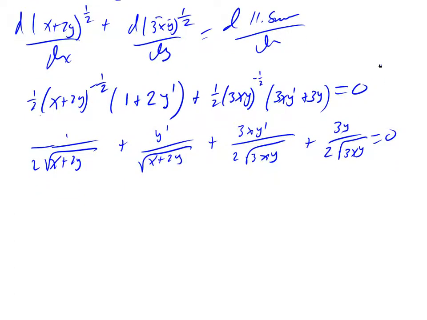I see two terms, this one and this one, which do not have y primes in them. So they go over to the right-hand side, and then these two are going to factor out.